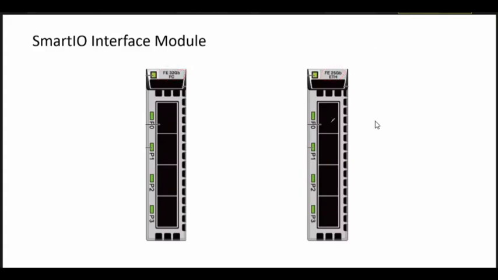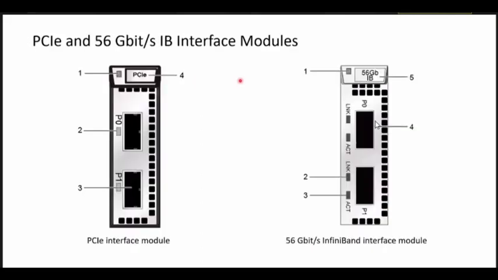So it's just the different speeds of Ethernet. This one can be 10, this one can be 1 gig, this one can be 25, like that. I think they had issues with the old Smart I/O module, so they changed it. No worries.